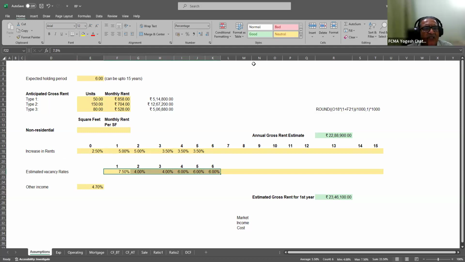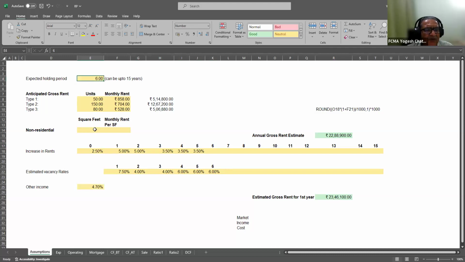That is the vacancy rate. And apart from rental income, when we have a very big complex, we will earn certain revenue, like from the clubhouse or the common facility. Always there will be some revenue. So that is the estimation.